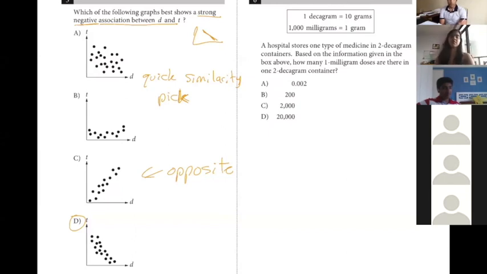So hopefully some of you, I know some of you put A. The actual test won't have this, but notice if you hurry and you pick something that looks similar, this looks negative, so I'll pick this. We call this a quick similarity pick, but you want to go into all of them. And quick similarity pick shows up very often in English. So again, please write this one down.